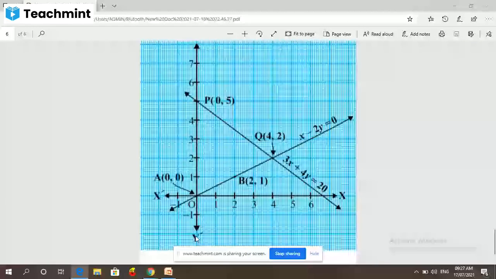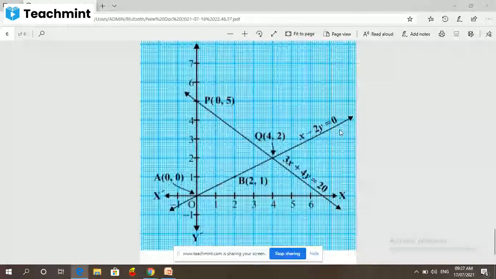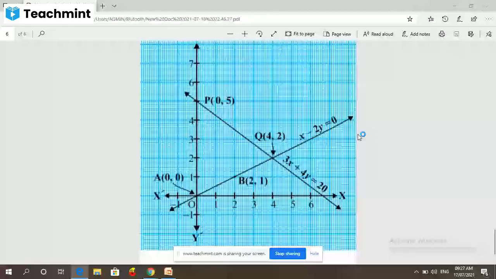Okay, next we have to draw the graph of both the equations separately on the same graph paper. First let us concentrate on this line. Are you observing this line? Actually this is the line of x minus 2y is equal to 0. See here, the cursor.